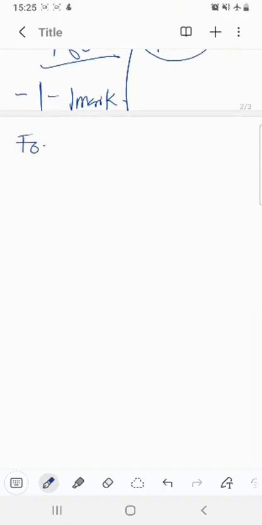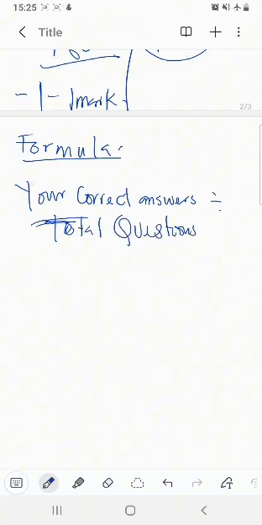This is the formula JAMB uses. The formula is your correct answers divided by the total questions, multiplied by 100.